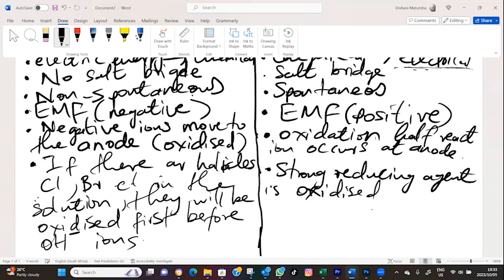How do we know that a certain chemical is a strong reducing agent? We have a reduction table, which I'm not going to display right now. In the next segment, when we do examples, I'm going to show you the table of reduction.